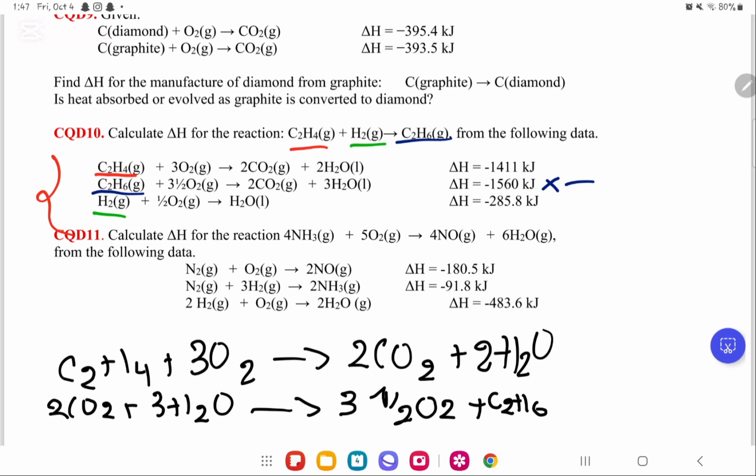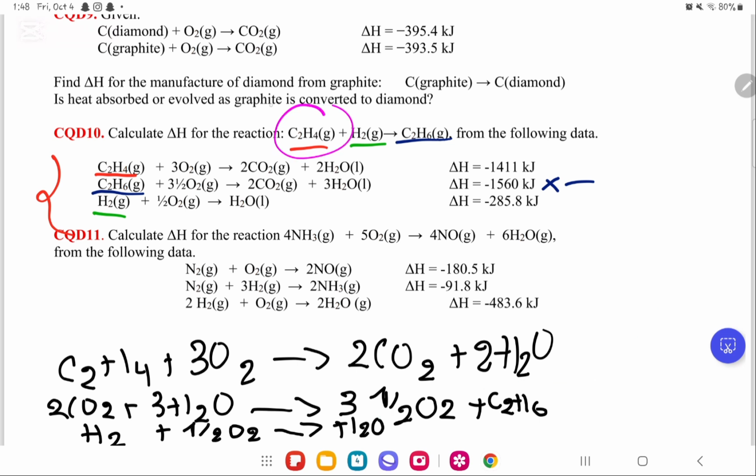I don't know if the last one will fit, but let's try. And then H2 plus 1/2 O2 gives us H2O liquid. Okay?